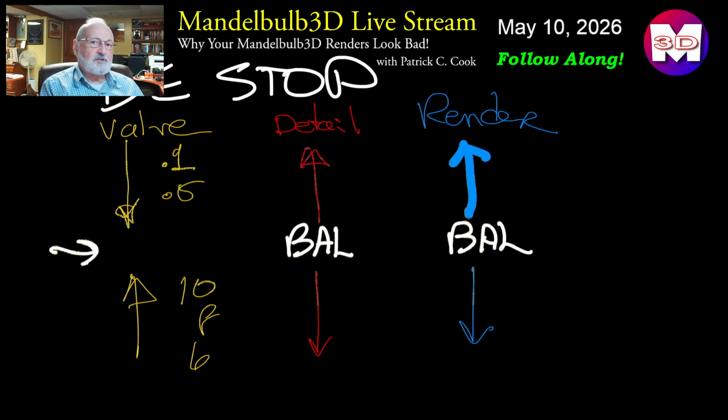So with the DE stop, what you want to do is find a good point at which the render quality is good, but the render time is also good. So you want to be somewhere in this sweet spot here.